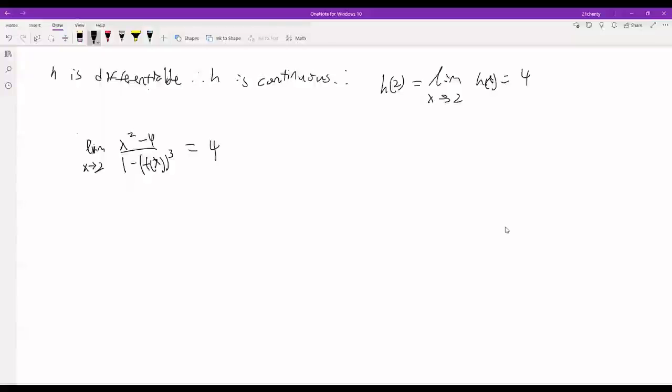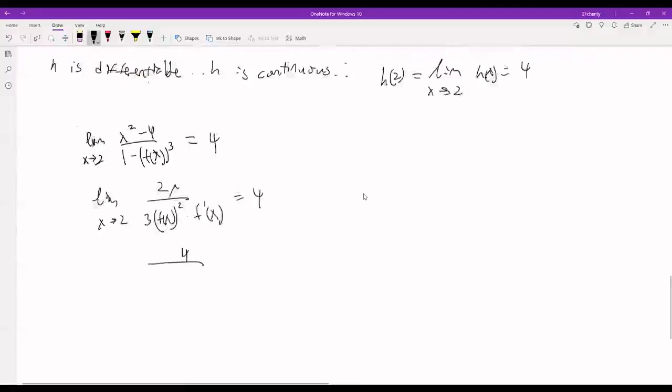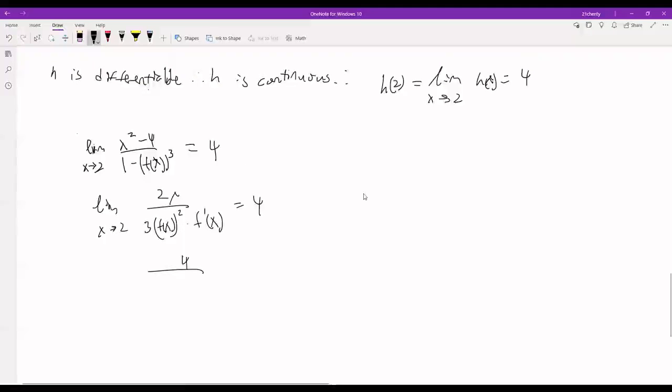So we'll take the derivative of the top and bottom, 2x over, don't forget the limit, 2x over, so we do power rule, and then chain rule, equals 4. Now we can plug in 2. We get 4 over f of x, or f of 2, we just saw is 1. So 1 squared times 3 is 3, times f prime of 1 equals 4.